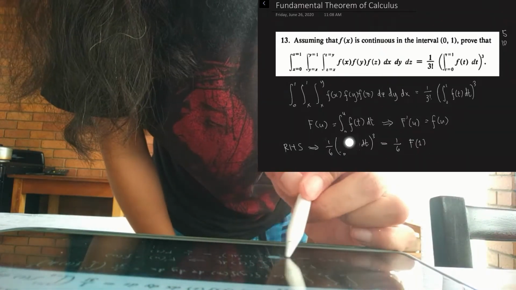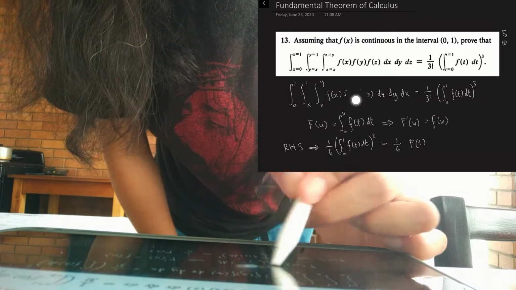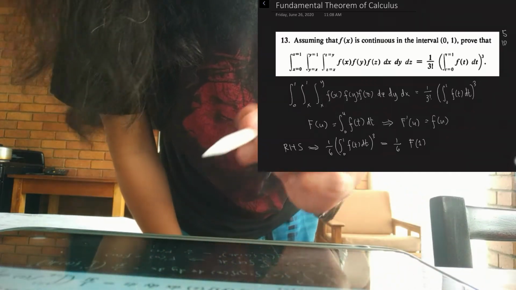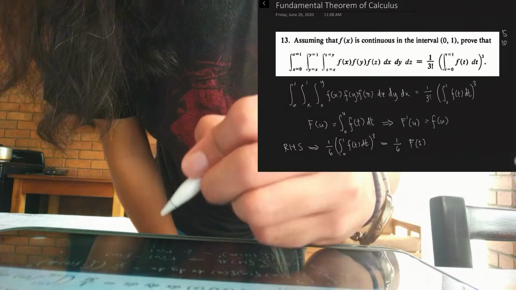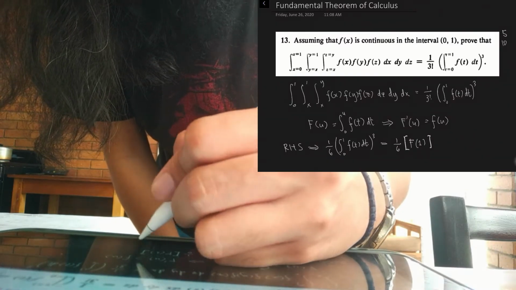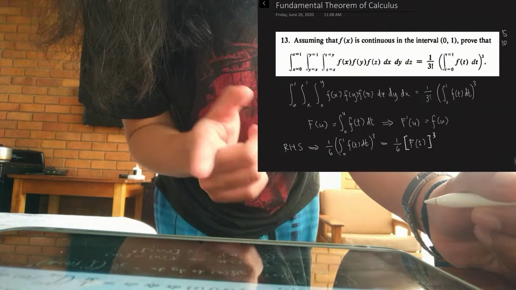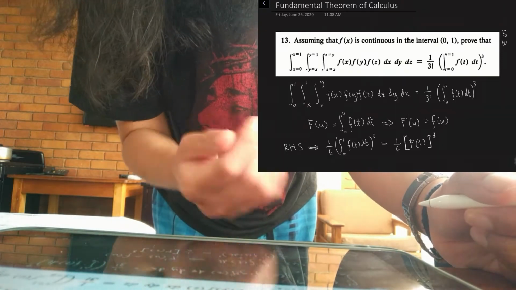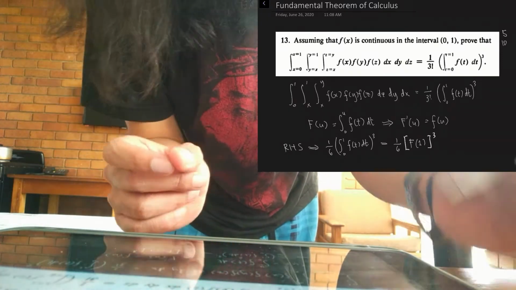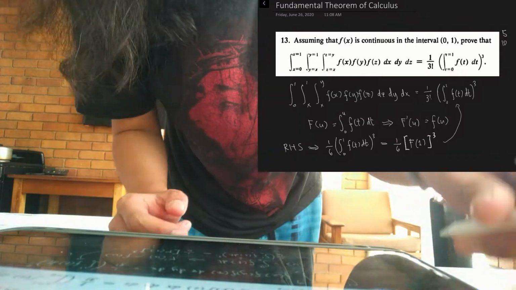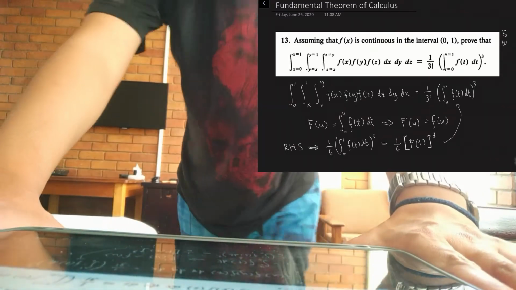Because here your upper limit is 1, and in F your upper limit is u. You evaluate u equals 1, so you have capital F of 1, and of course this whole thing is raised to the power cube. So we want to show that, the moment we end up with 1/6 capital F(1) cubed, then we're done, because this right hand side is just equal to the original expression right here. Okay, so let's proceed.